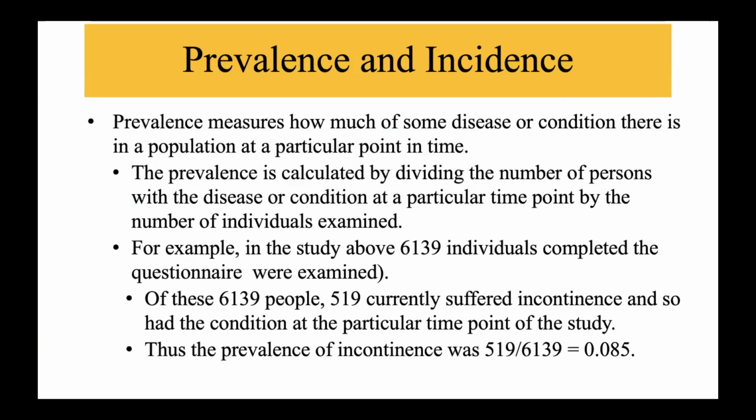So this is an example of how you calculate the prevalence. Of 6,139 people, 590 currently suffered from incontinence and so had the condition at the particular time. Thus, the prevalence is calculated from this.